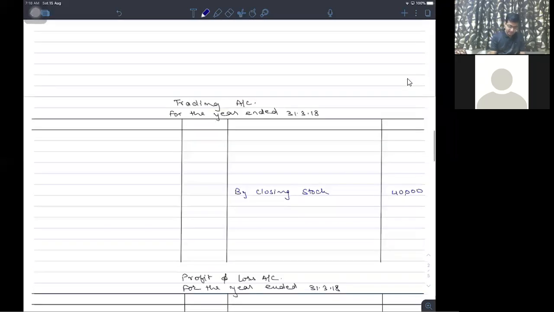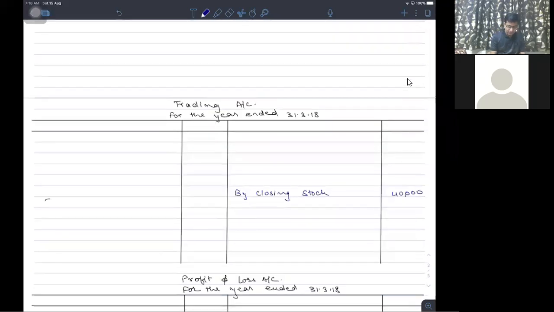12,000, and in the trading account debit side, to wages, inner amount column 14,000, add outstanding rupees 1,000, total to the outer amount column will be 15,000. Correct or not?